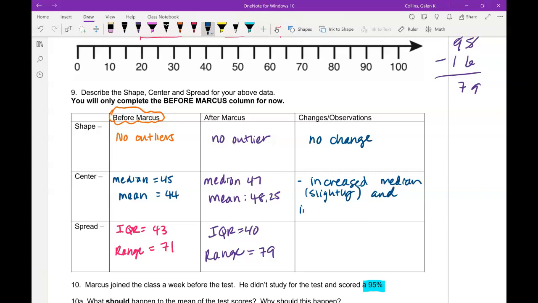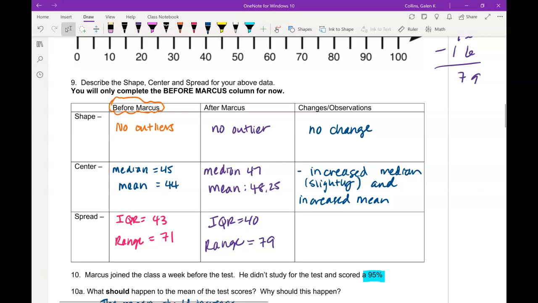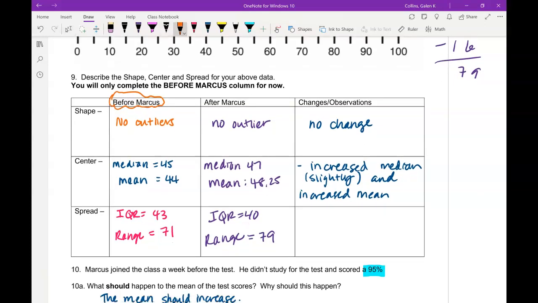And it increased the mean, and that is a little bit more noticeable of an increase, from 44 to 48.25. What's interesting is that the range of the data increased, but the interquartile range decreased. So now the middle 50% of our data is less spread out. But adding his point as the new max increased the range. All right, so anything we want to say to hold our thinking there?